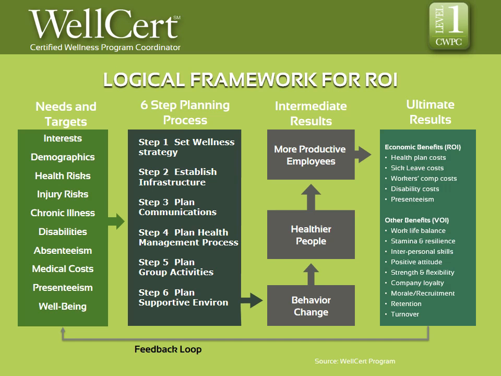And we can, in fact, identify those economic variables, the 5 economic variables that we think about with wellness, which includes health plan costs, sick leave absenteeism costs, workers' compensation cost, which is salary continuation and medical reimbursement, disability insurance costs, which are generally short-term disability and long-term disability, and the last area is usually presenteeism experience, which is the losses which occur in productivity and the value of that productivity in terms of compensation when the individual stays at work and has an underlying health problem that keeps he or she from being able to be as fully productive as they have the potential to be.